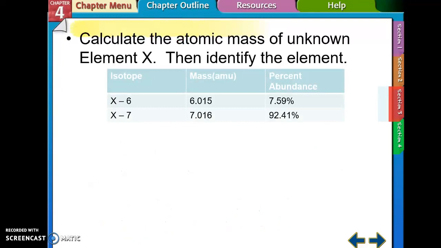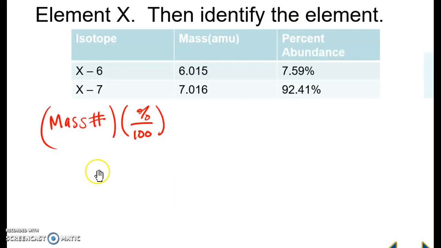So, right here it says calculate the atomic mass of unknown element X. Then identify the element. So here's where we're going to start with our mass number. And then we're going to multiply that times our percent divided by 100. So right here for isotope X6, its actual mass number is 6.015.